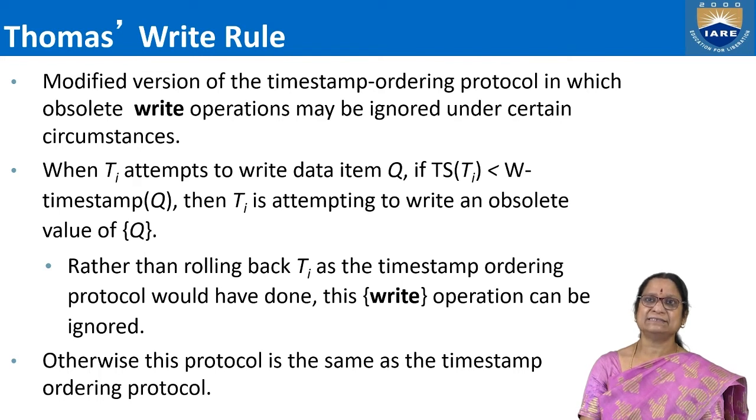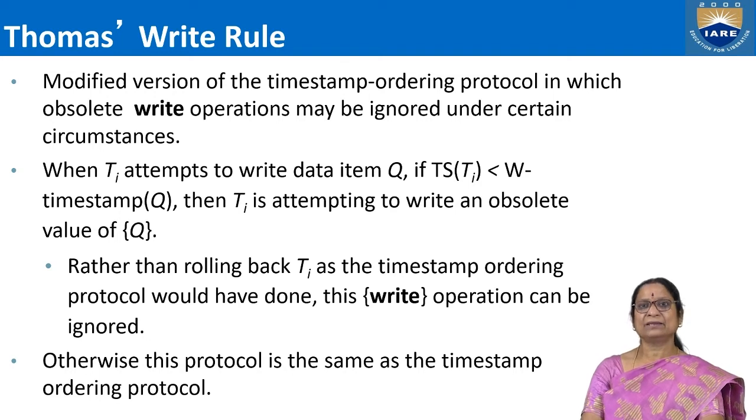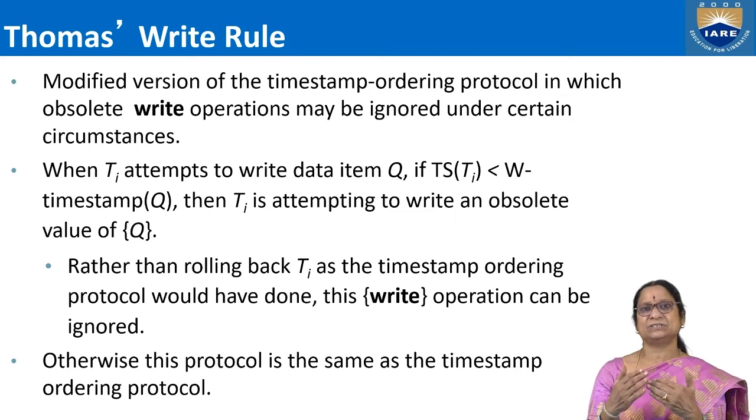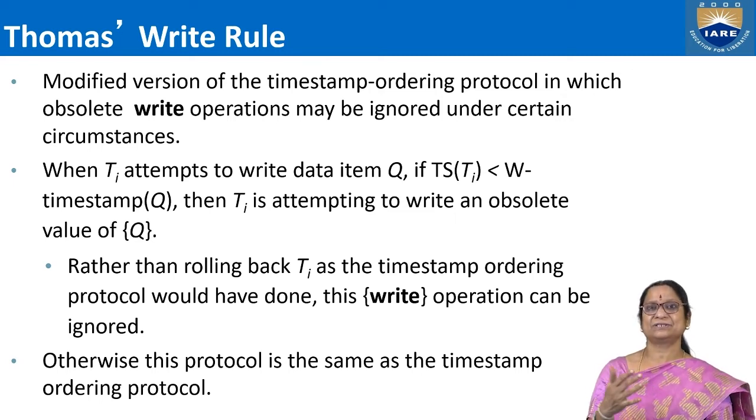When a transaction TI attempts to write a data item Q, if its timestamp is less than the write timestamp of Q, then TI is attempting to write an obsolete value of Q. Rather than rolling back, we will ignore it. Rolling back means whichever transactions already depend upon this transaction must also be rolled back, which results in cascading. Some transactions are already committed, so rollback is not possible either. That is why irrecoverable schedules will be possible.